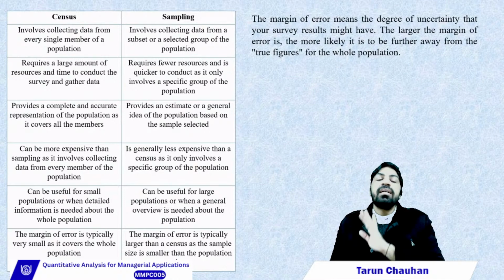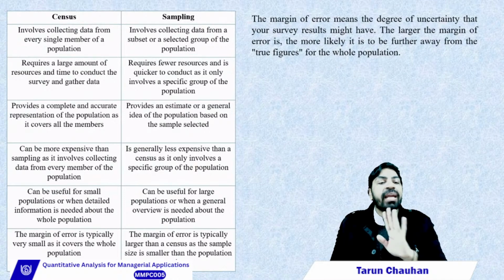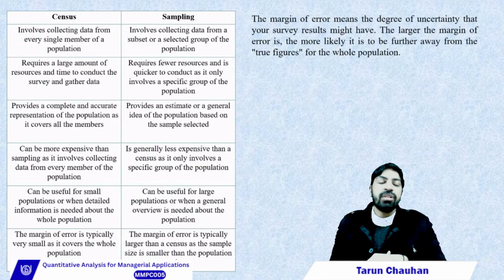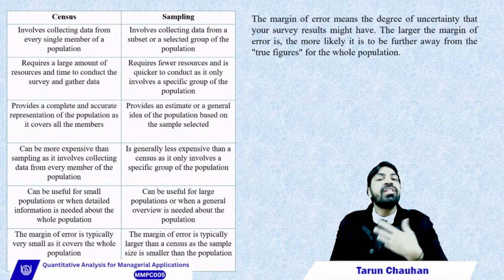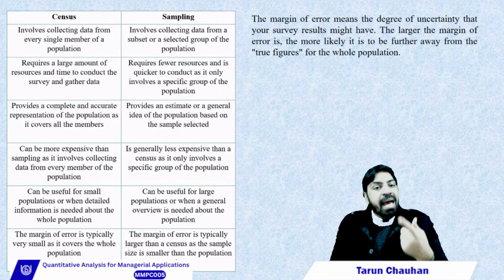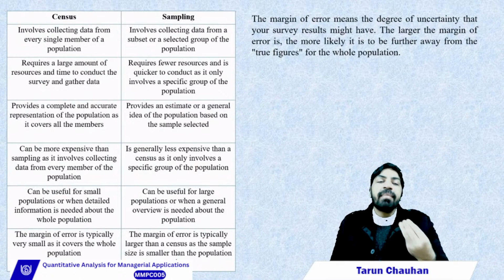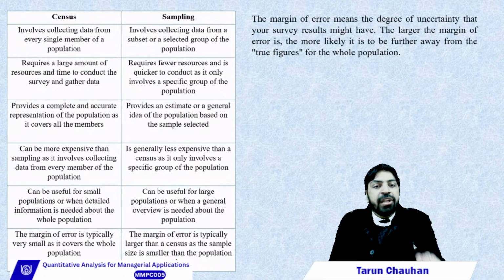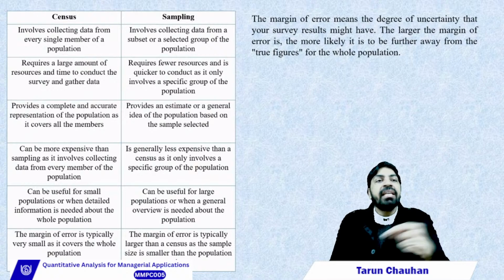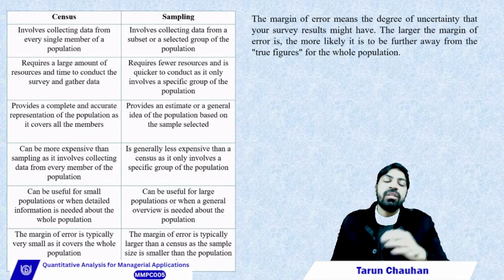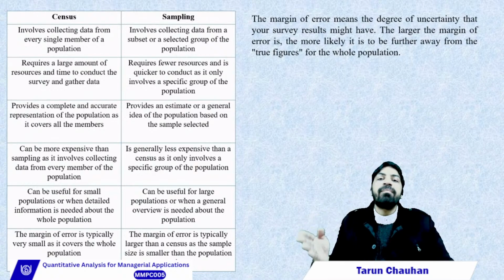Census provides a complete and accurate representation of the population because it covers each and every member. But sampling provides an estimate, not an exact value, giving an idea about the whole population based on the sample the researcher has selected.